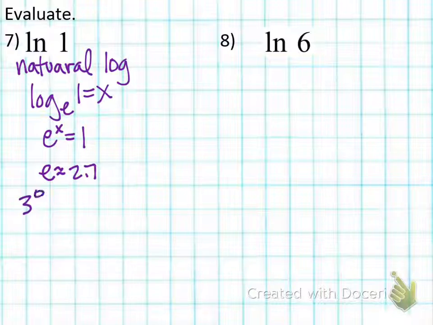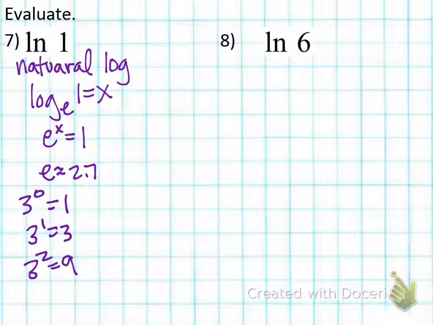So I'm thinking, okay, 3 to the 0 equals 1, 3 to the first power equals 3, 3 squared equals 9, and so on. But of course we know that for any exponent equal to 1, the x has to be 0, right? Anything to the 0 power gives me 1, so I can tell right away that x has to be equal to 0 here. But you could check on your calculator.